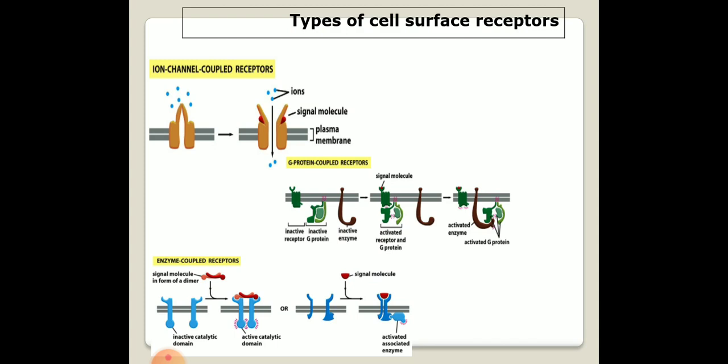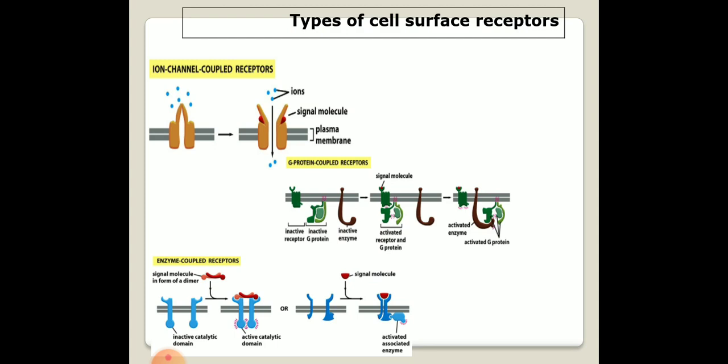Okay. So the third type of receptor that also we will see in detail if possible, they are called the enzyme coupled receptor. Here what happens, the receptor itself has enzymatic activity or they are coupled to any enzyme. The famous example to this type of receptor is receptor tyrosine kinase. Here the receptor has tyrosine kinase or kinase activity.